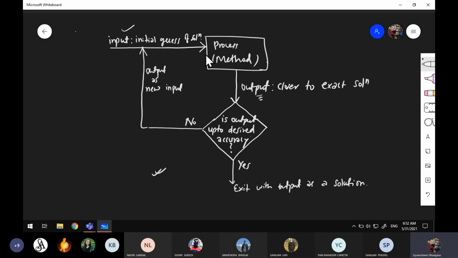In the next step, you will go even further away from the exact solution instead of going closer. So this is called divergence.